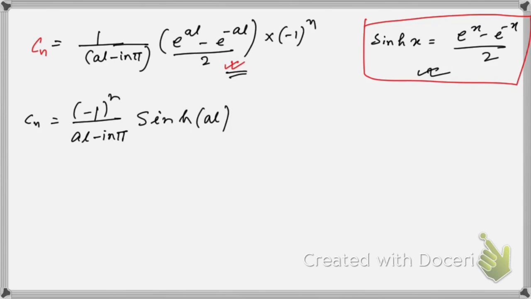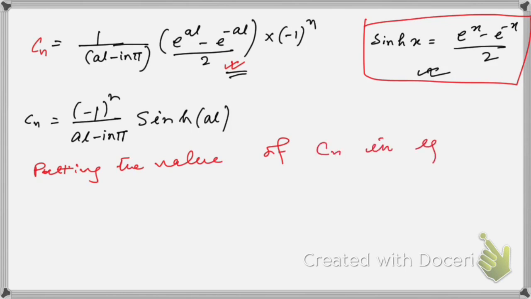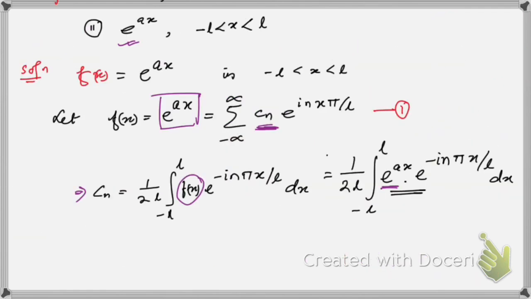Now using this value of Cn, we put it into equation number 1. What was equation number 1? Let me go back. Okay, this is equation number 1, right?